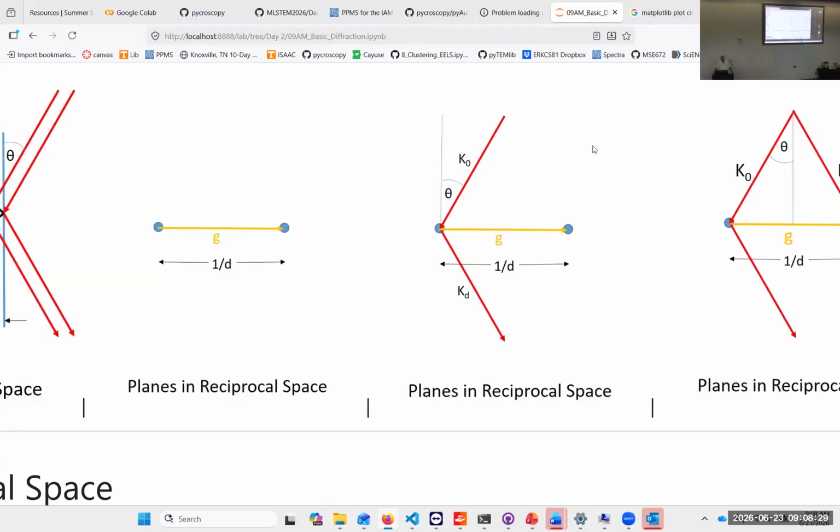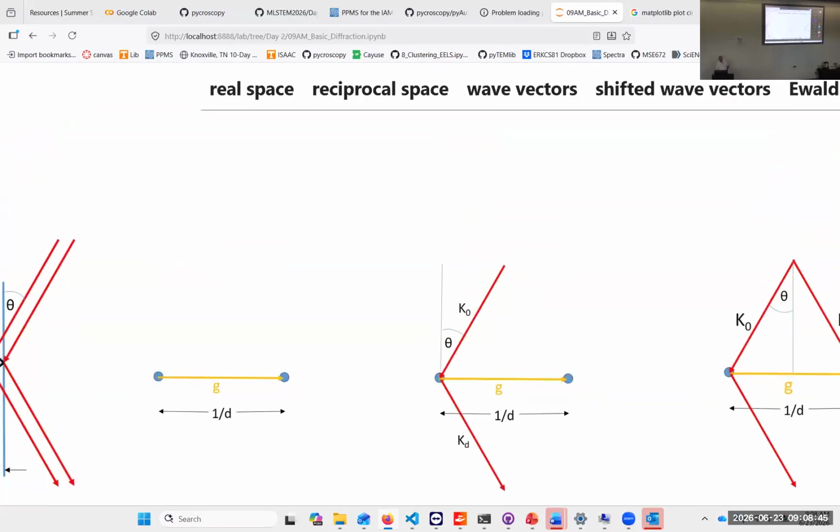We will fix it. So anyway, we have the incoming beam that has a length of this vector, which of course in reciprocal space is 1 over the wavelength, so it's the wave number, and we have an incoming one and the diffracted one.